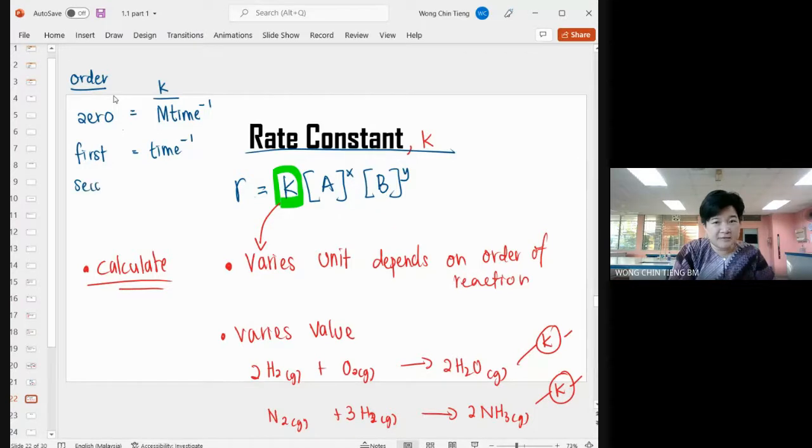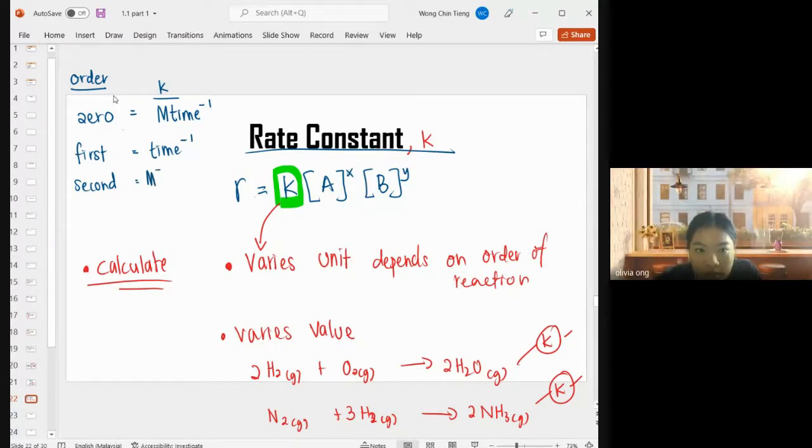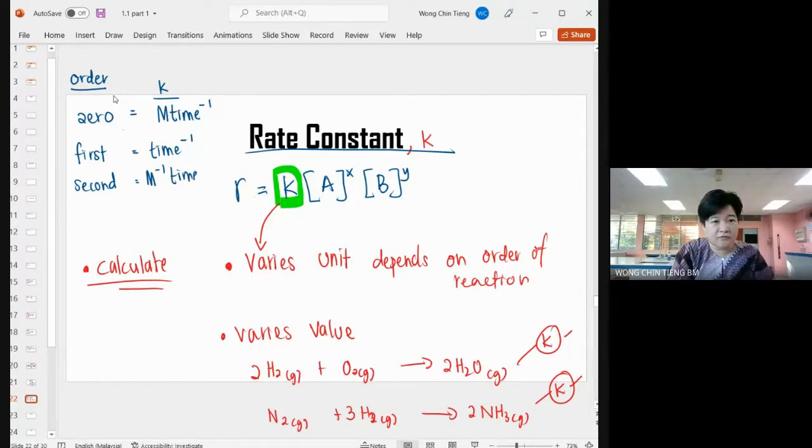Kalau dia adalah second order, Olivia? Molar -1, time -1. Kalau dia adalah fourth order, Iza?